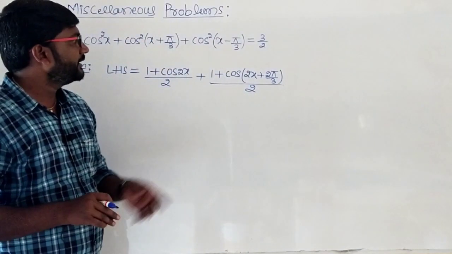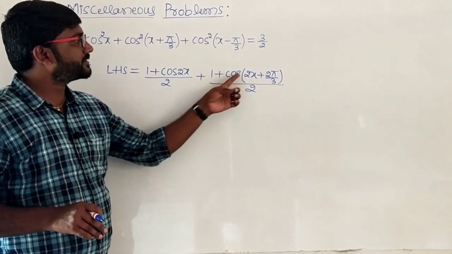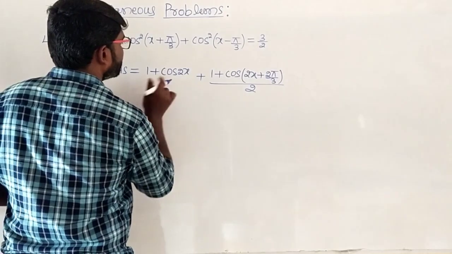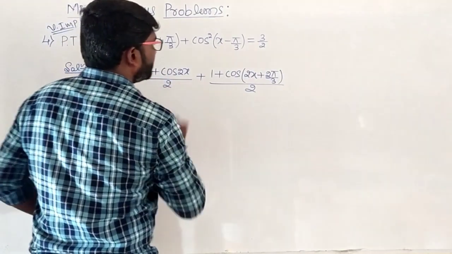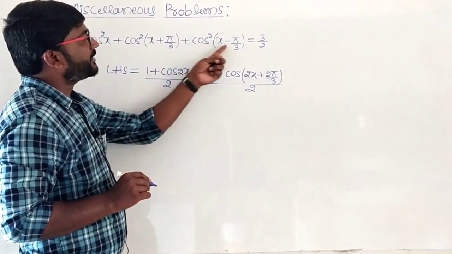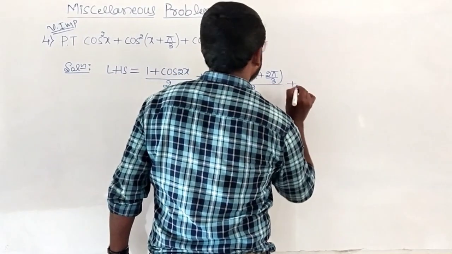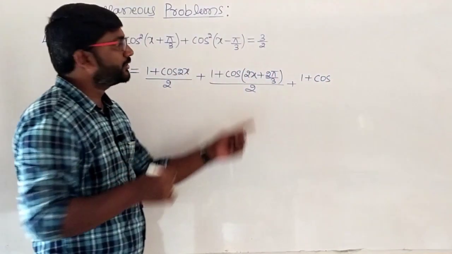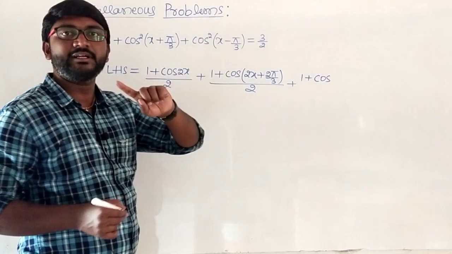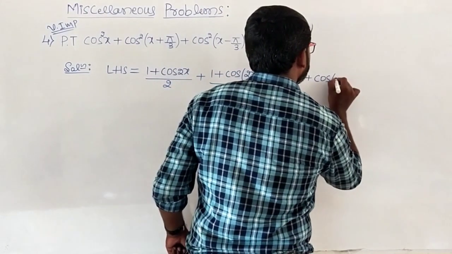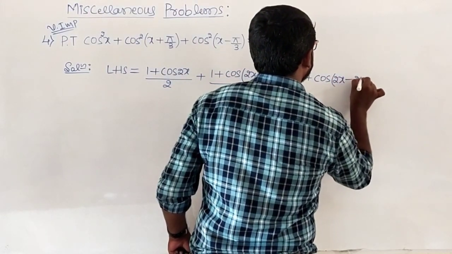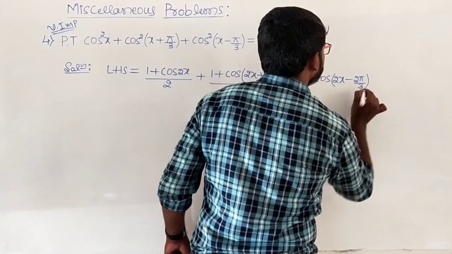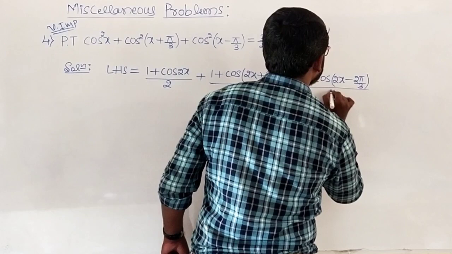Observe here, it is in the form of 1 plus cos 2x by 2. Then again it is in the form of cos square x, plus 1 plus cos of 2x minus 2 pi by 3, then whole divided by 2.